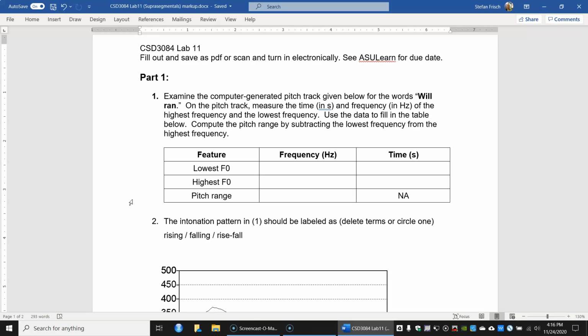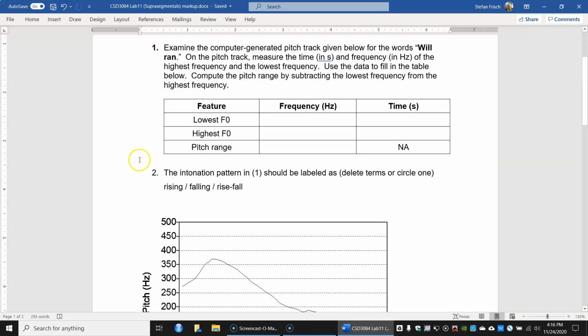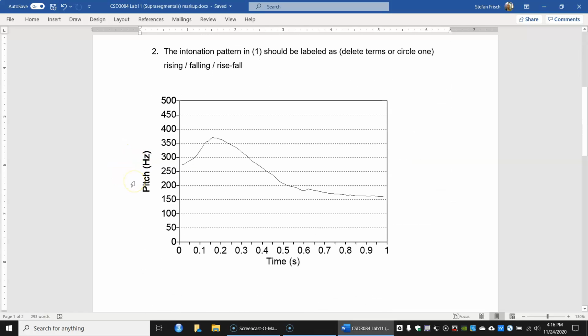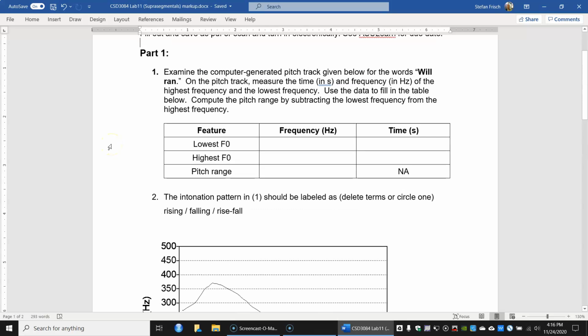So first off, in question number 1 here, we have a recording of Will Ran, which has been analyzed by Praat for the fundamental frequency to create this image here known as a pitch track. And we are going to look at the intonation contour in terms of measurement of pitch.